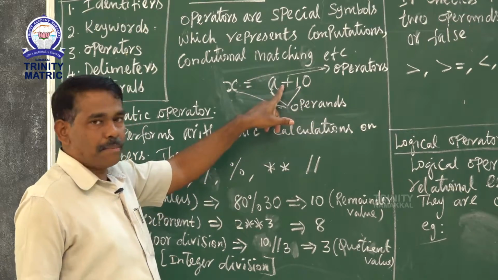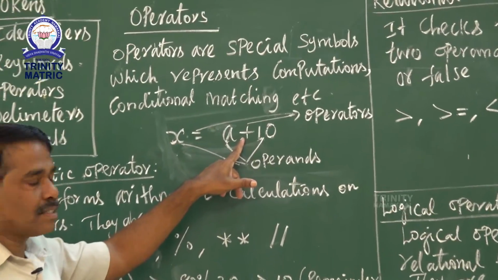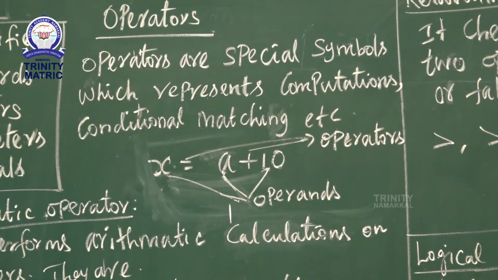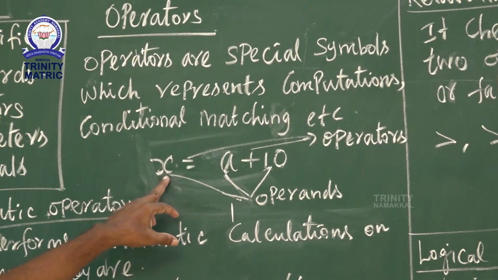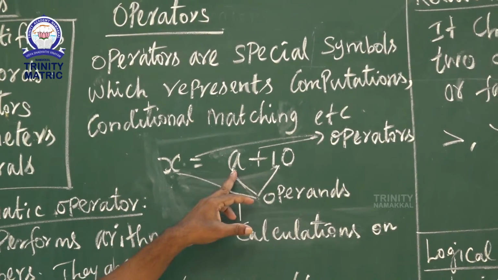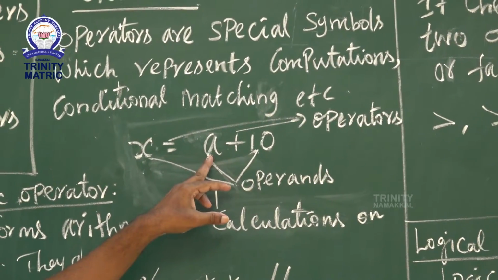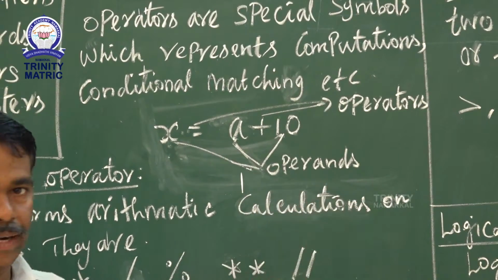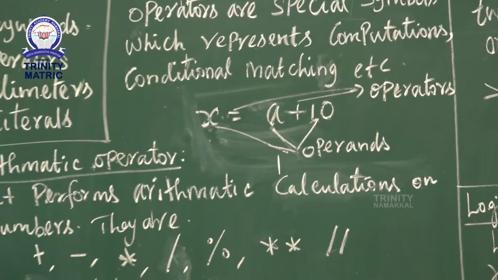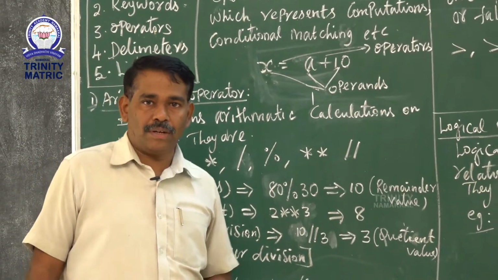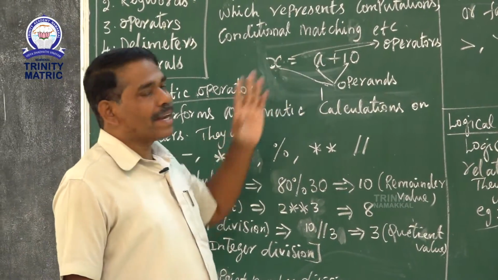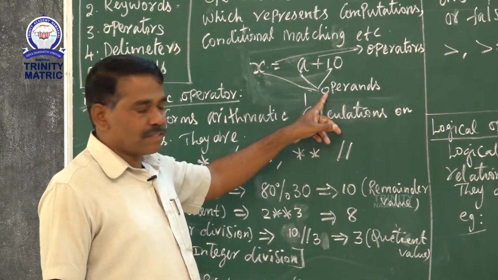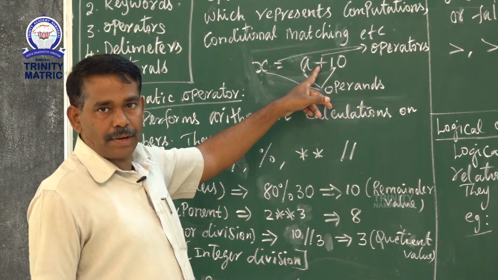Here the special symbols plus and equal are called operators. And the variable or value applied in this operation is known as an operand. So an operand is a value or a variable that is used with an operator. So a and 10 are operands used with the plus operator.